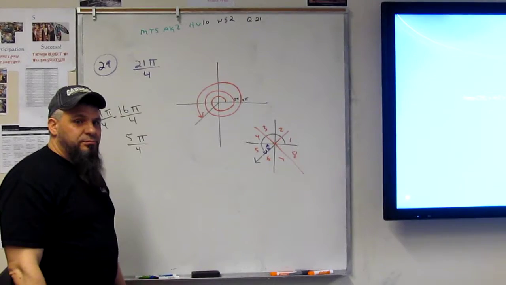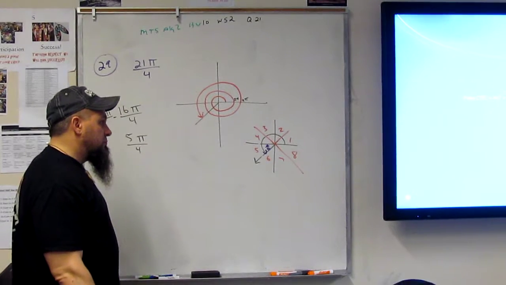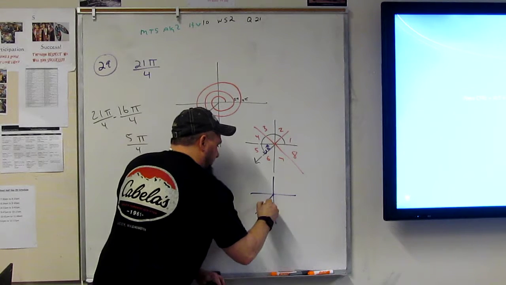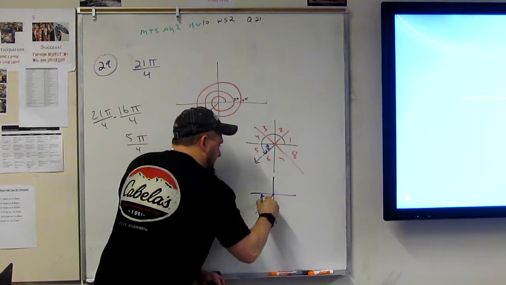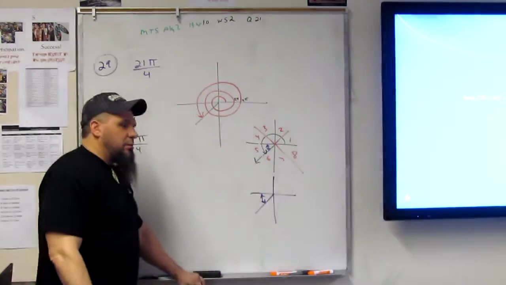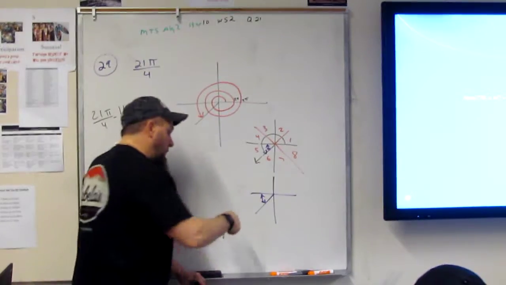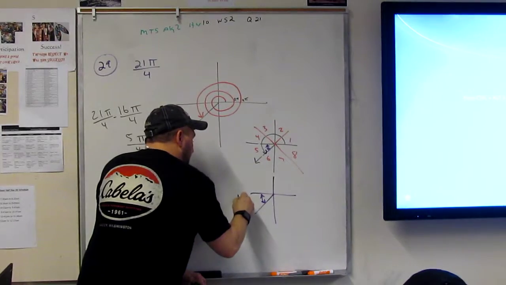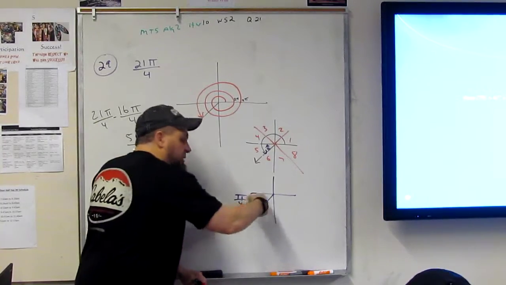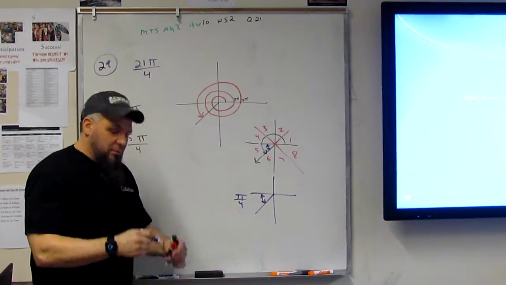Can you please ask the question one more time? So how many pieces, right, is this out of the 4 pieces that you see here? 1. This is 1 pi over 4, right? That's your reference angle.